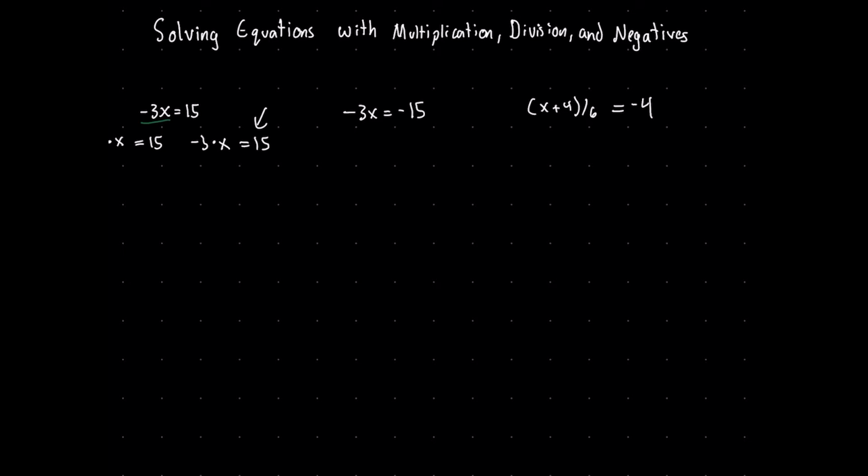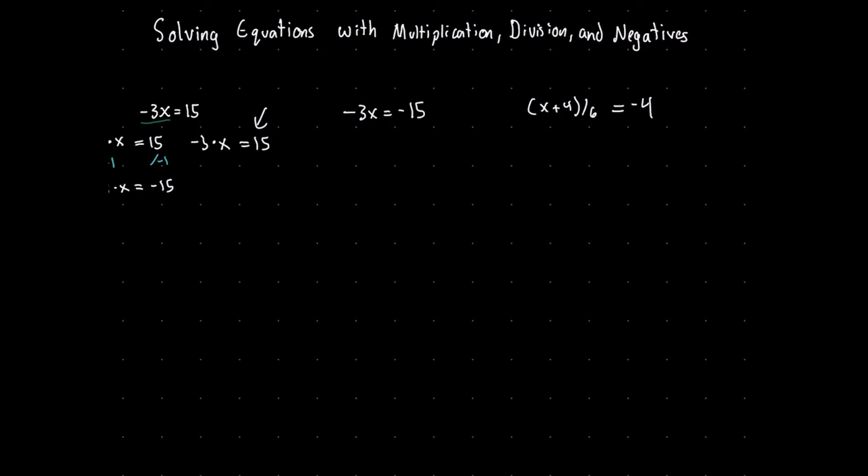So effectively, we're going to take this negative 1 and divide both sides by negative 1. We know that whenever you divide something by negative 1, you just swap the sign. So this becomes 1 times 3 times x equals, swap the sign of the 15, negative 15.